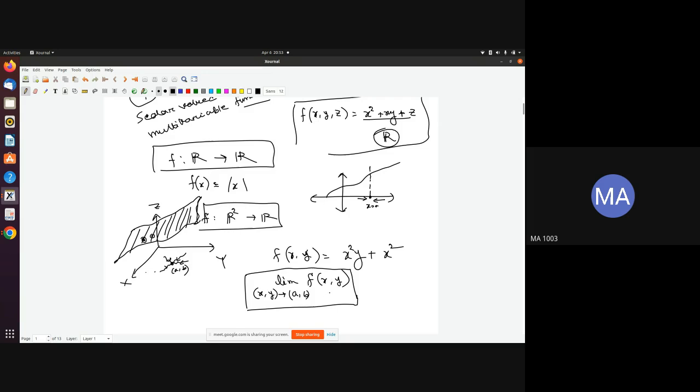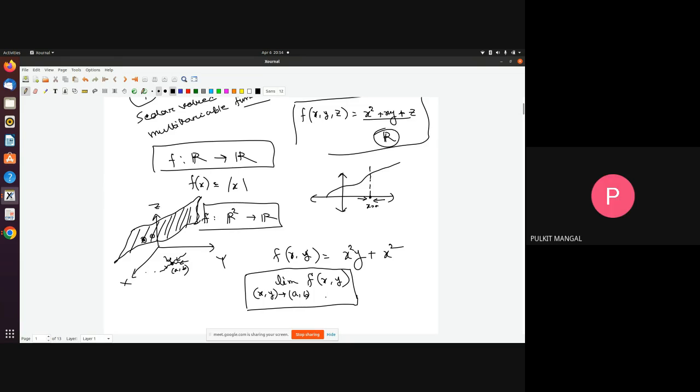Here also we have to find at least two such paths for which the limiting value will be different. From these infinitely many paths, I only need to find two paths for which the limiting value of the function is different. If I can do so, then it is clear that the limit does not exist. Is it clear?